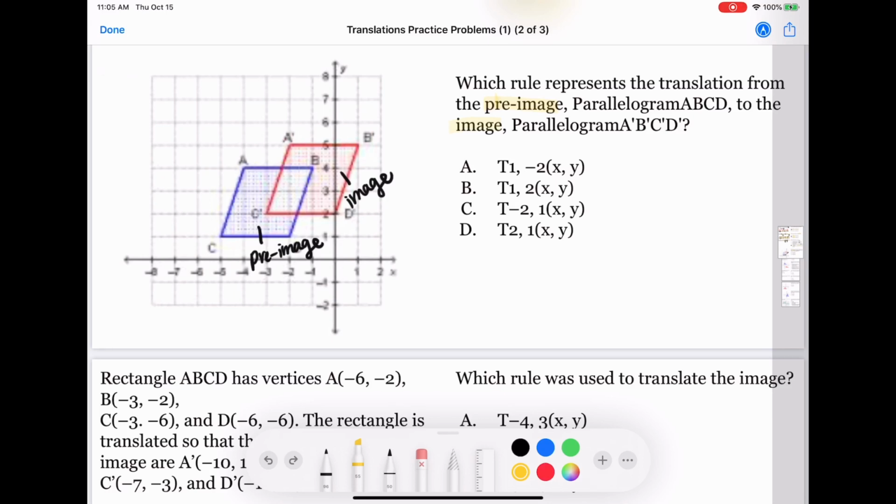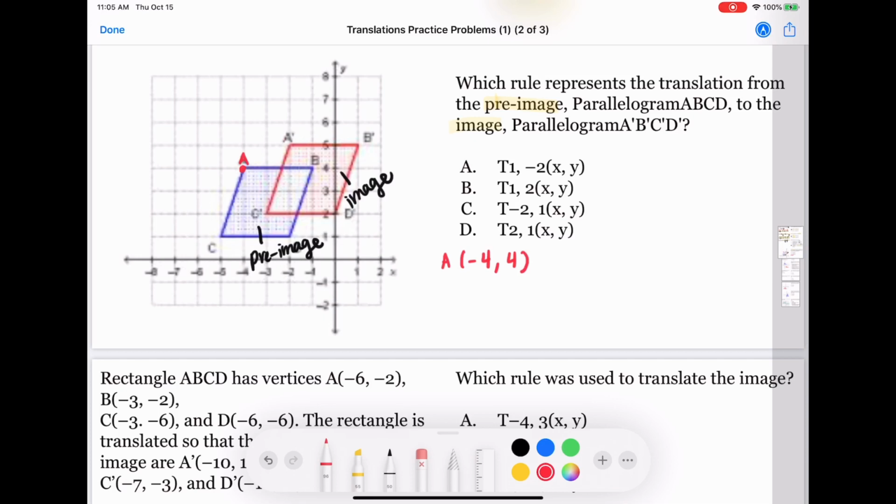Okay, once we have identified that, the first thing that we should do is go ahead and label a vertex. Let's start with vertex A. So let us identify where vertex A lies on the pre-image, and we can determine that A is located at -4 and 4.